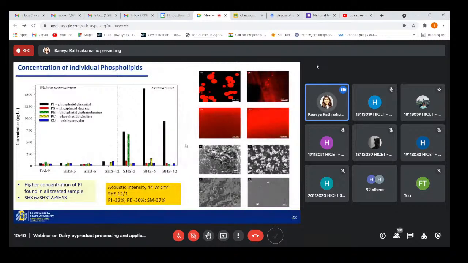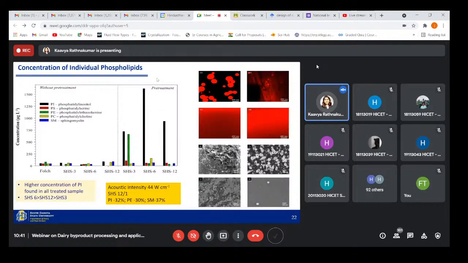Further, the concentration of the individual phospholipids for each switchable solvent ratio was obtained, and we were able to see that phosphatidylinositol, PI, was really high, 16 times higher in concentration than with any other technique.